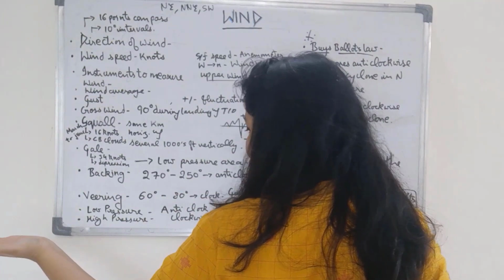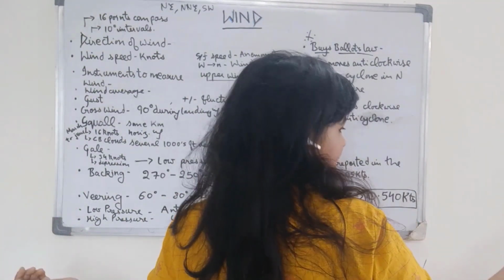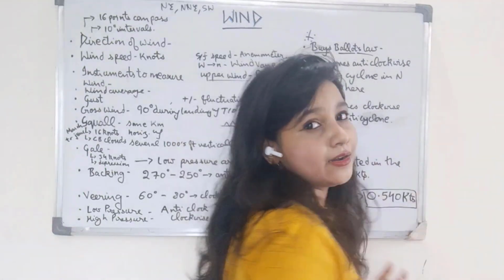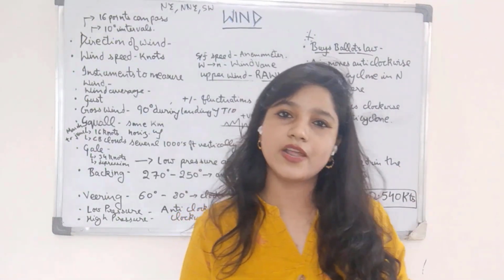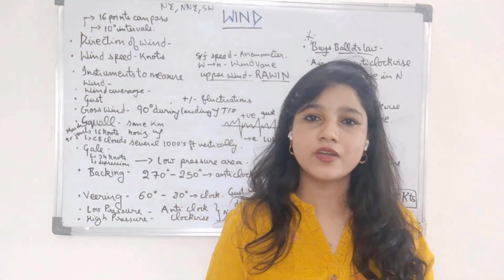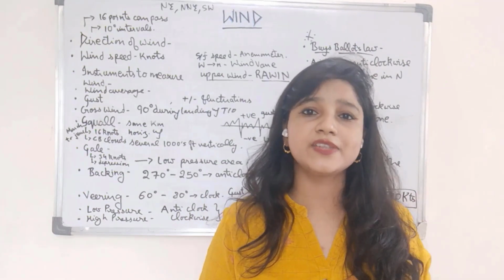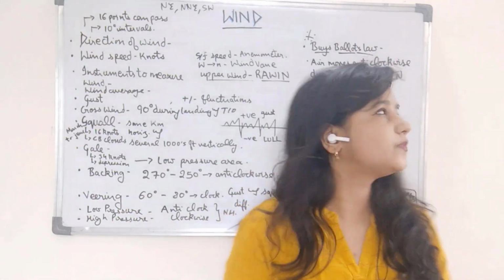Then on my left side will be the low pressure region and on my right side the high pressure region if I am standing in the northern hemisphere, and it is exactly opposite in the southern hemisphere. In the southern hemisphere, on my left side there will be a high pressure region and on my right side a low pressure region.